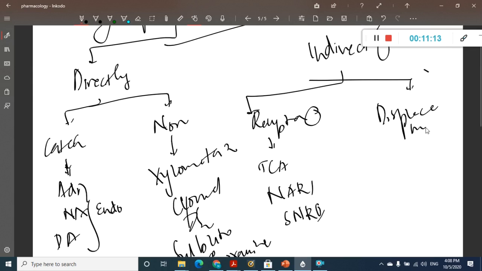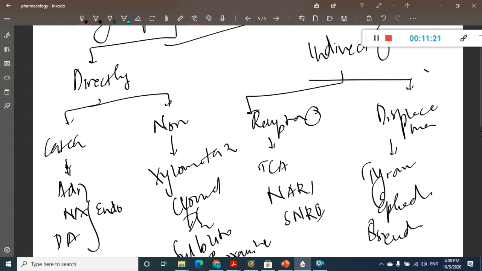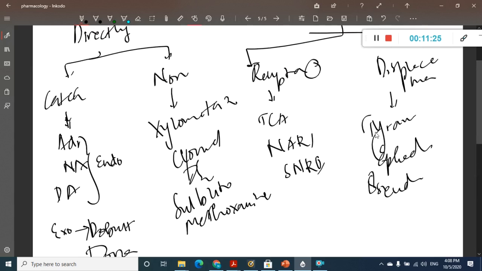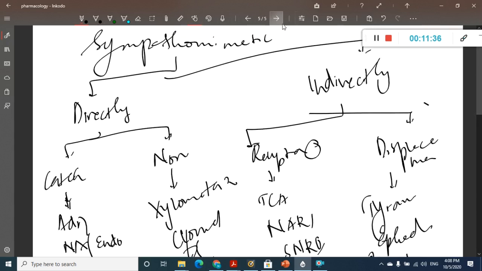The displacement reactions include mainly tyramine, ephedrine, pseudoephedrine, amphetamine, and methamphetamine. These are the different drugs you see in displacement reactions. We will learn about directly acting sympathomimetics first.